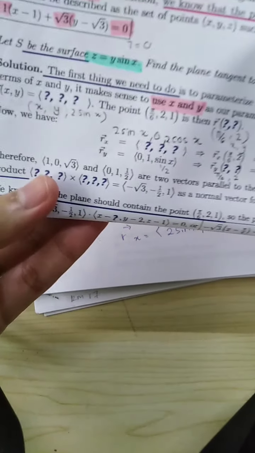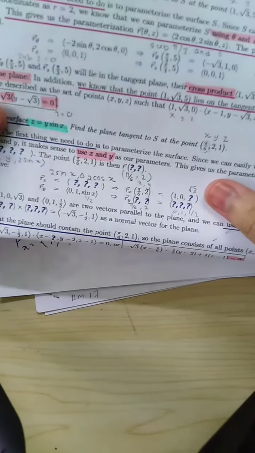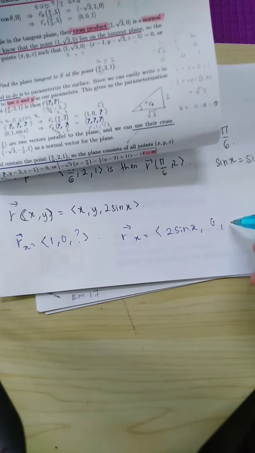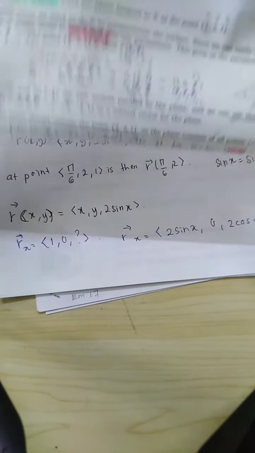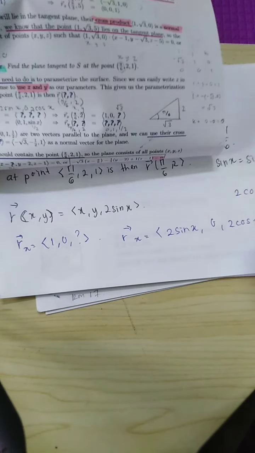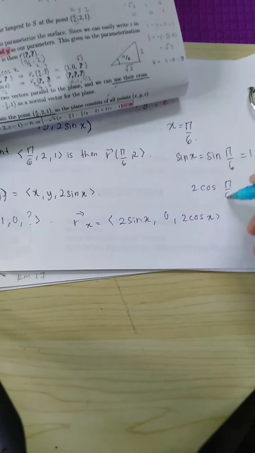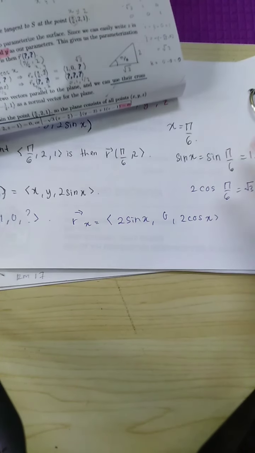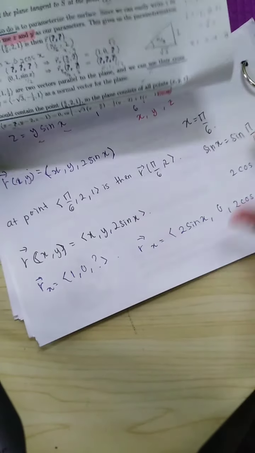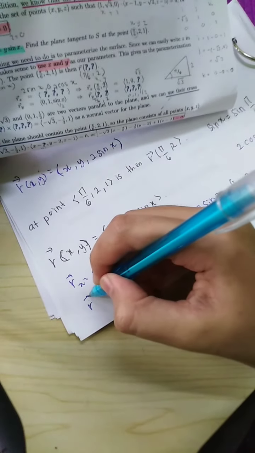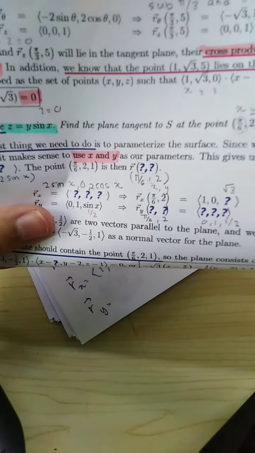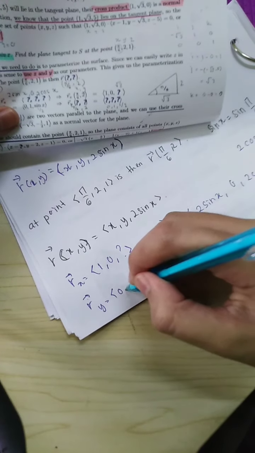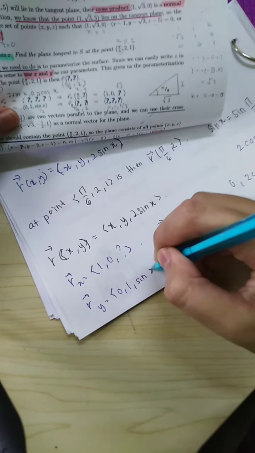We know that at the end we will get 1, 0, root 3. So to find the root 3, I take 2 cos s, because 2 cos pi over 6 we will get root 3. Okay, so moving to the r y, the doctor gives here 0, 1, 2 sine s.